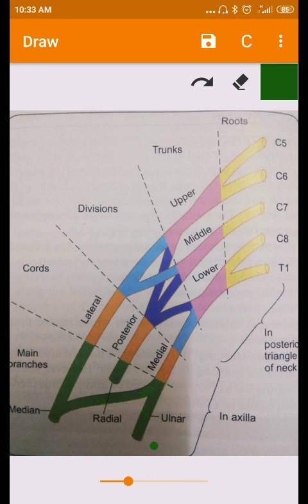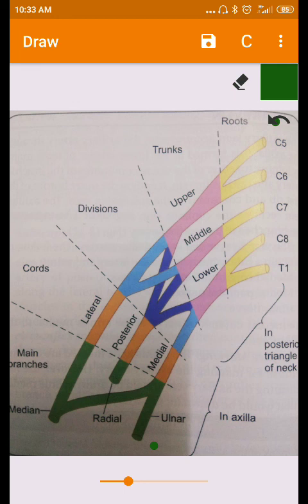Next, the last one, the posterior cord, is giving 5 branches. Already here they mentioned the radial nerve. Here I have shown the extension of this radial nerve. For this also there is a mnemonic, but don't get confused with the ulnar nerve.